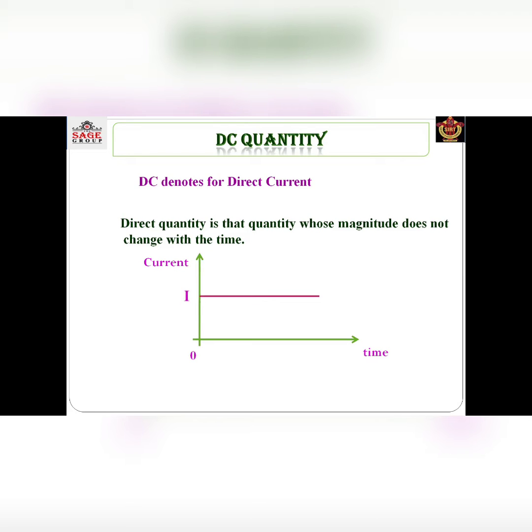So the current I will be represented this way. Here you can see that there is no change from the starting point to the ending point. So we can say the DC quantity does not change with time.